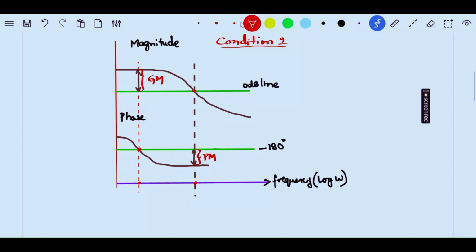And we all know, like I told you earlier, the gain margin is obtained due to the phase crossover frequency, whereas the phase margin is obtained due to the gain crossover frequency. So this is phase crossover, and this is gain crossover.